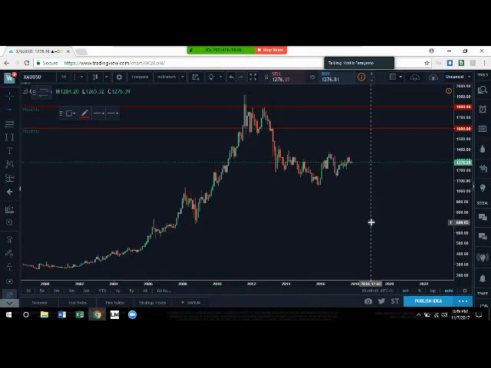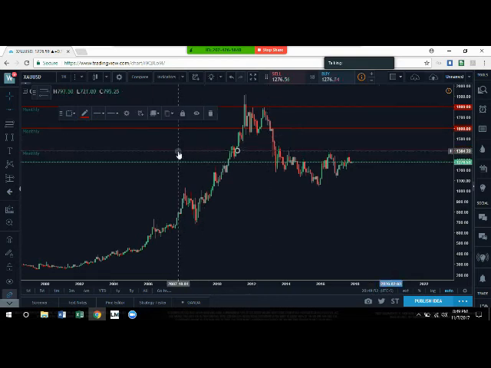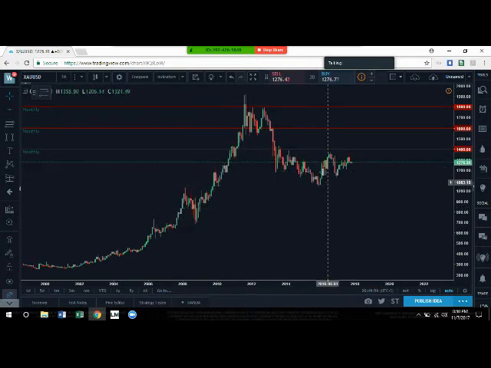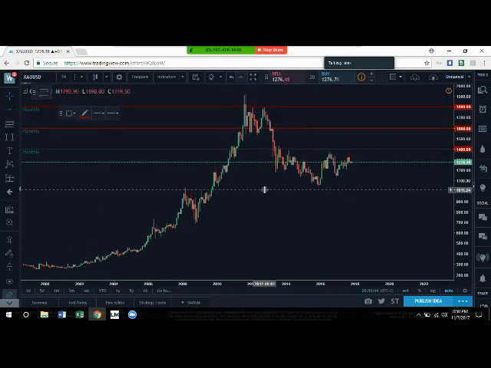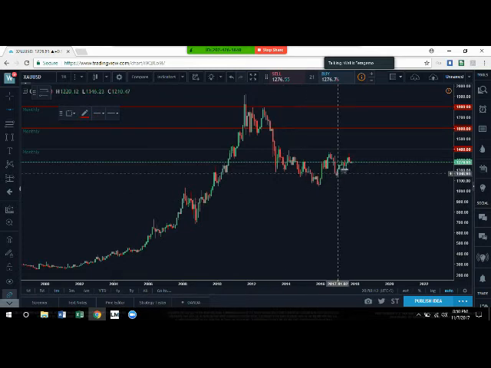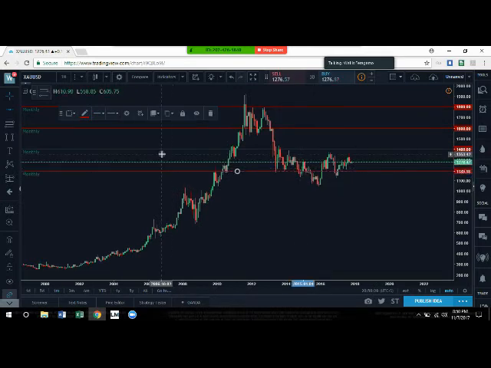So the thing about these levels, once you mark them, you don't really have to change them at all until price gets into a zone that's not marked up. So that's the real cool thing about them. You can trade all year from those same levels. I'm gonna do one more.